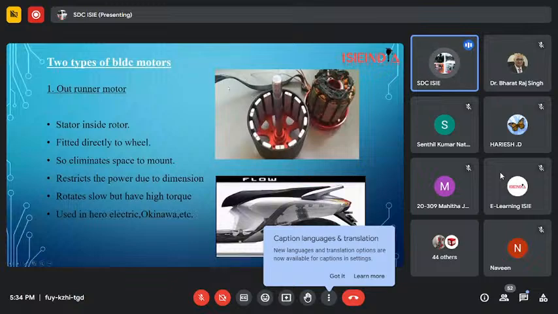It's mostly suitable in electric scooters. It rotates slow, but it has high torque. Even it's very compact. So in electric scooters, they are mostly preferred due to their compactness, and also they are easy to maintain. And again, their efficiency is very high, and they are mostly used in Hero Electric and Okinawa.